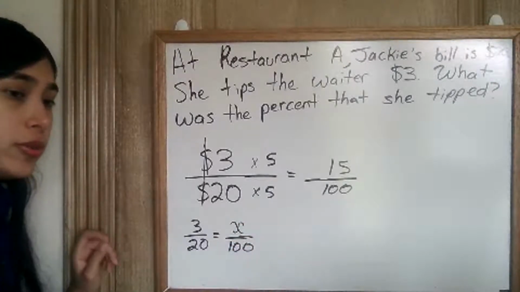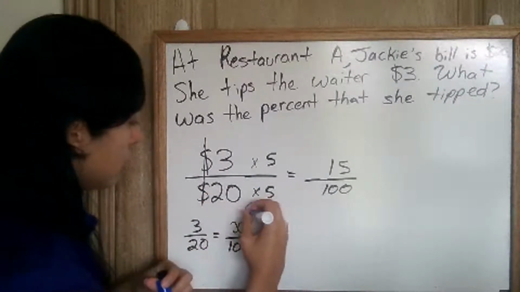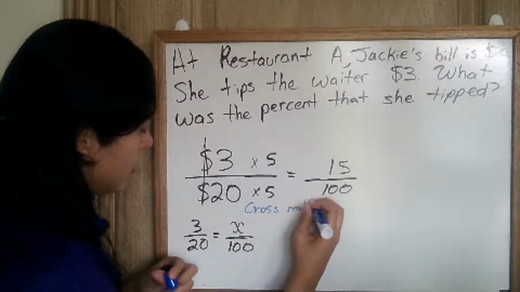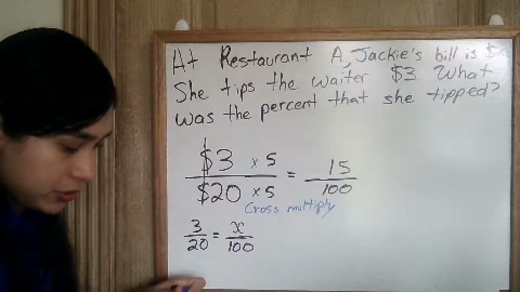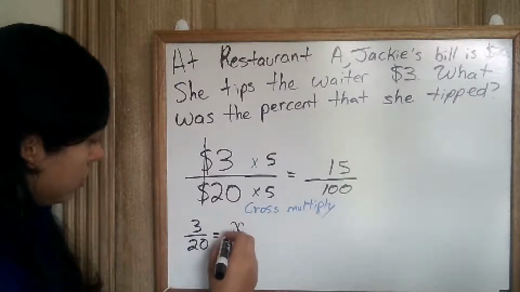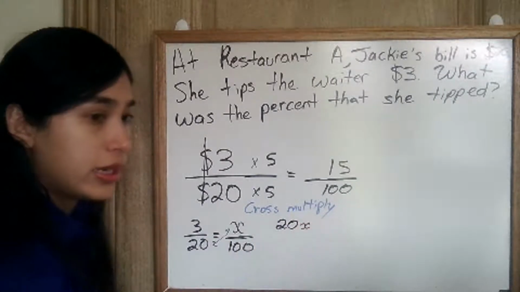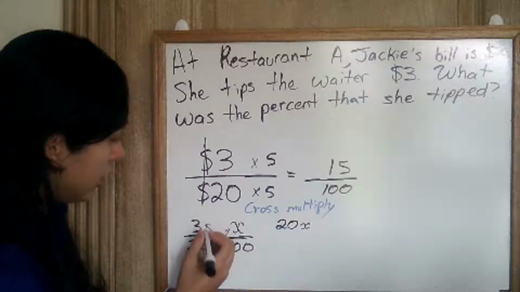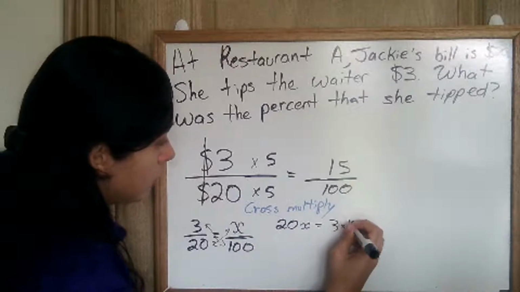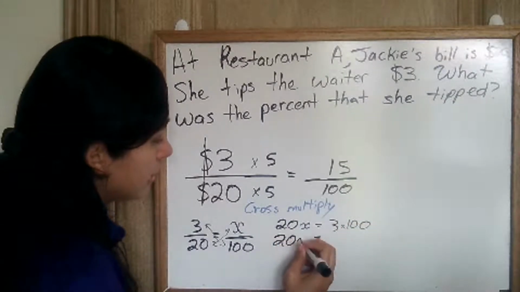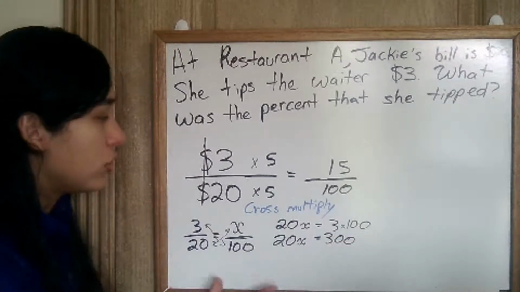With proportions, what do we do? We cross multiply. So we get 20 times x, which can be rewritten as 20x, and 3 times 100, which simplifies to 20x is equal to 300.